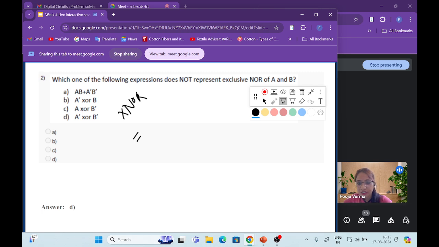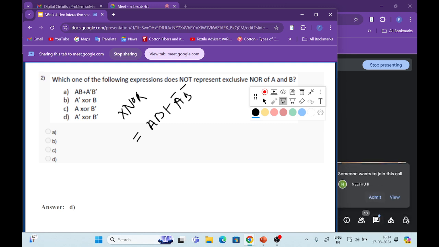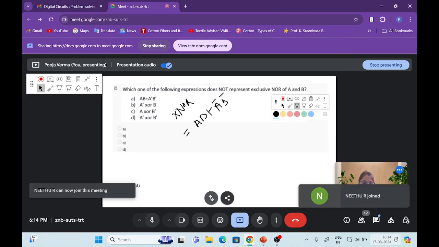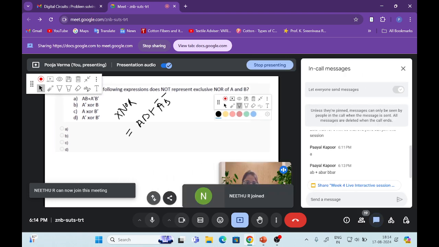That is AB plus A dash B dash, right? This is the expression for XNOR gate.